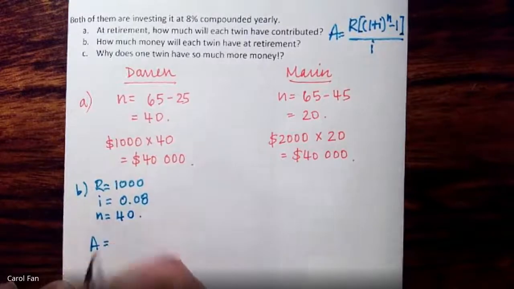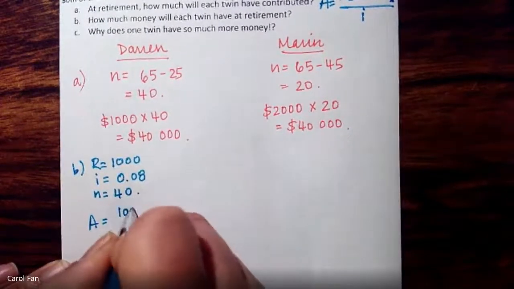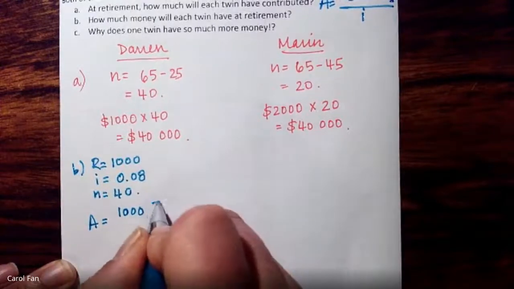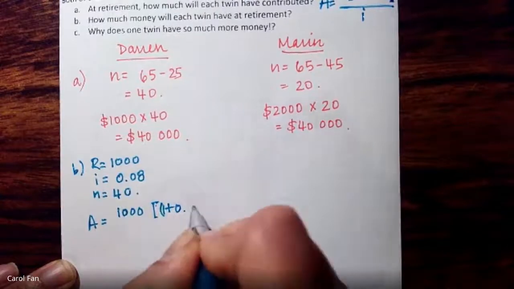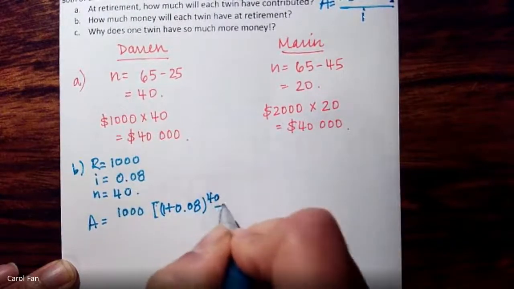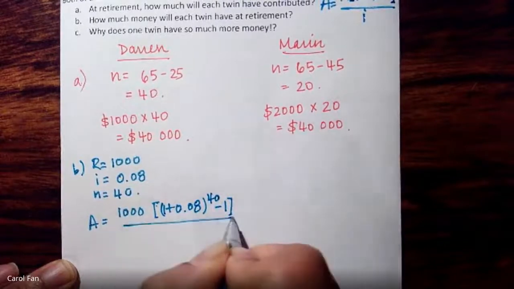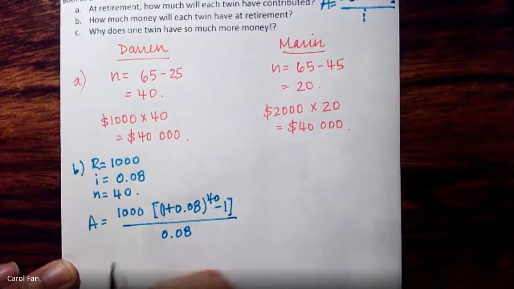So the amount for Darren is 1,000 times (1 plus 0.08) to the power of 40 minus 1, all divided by 0.08.